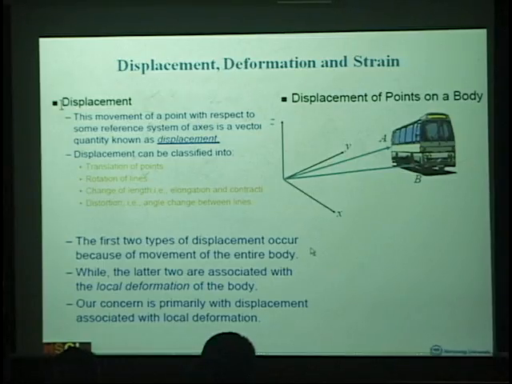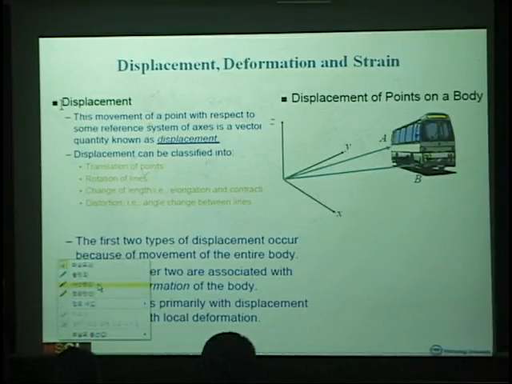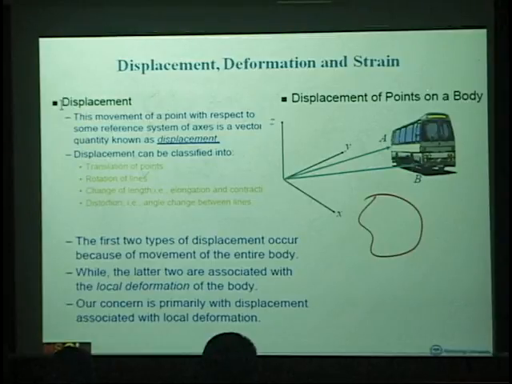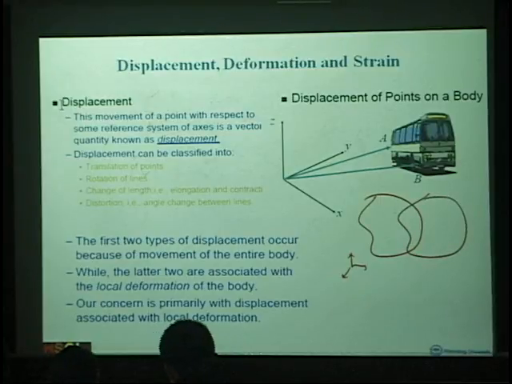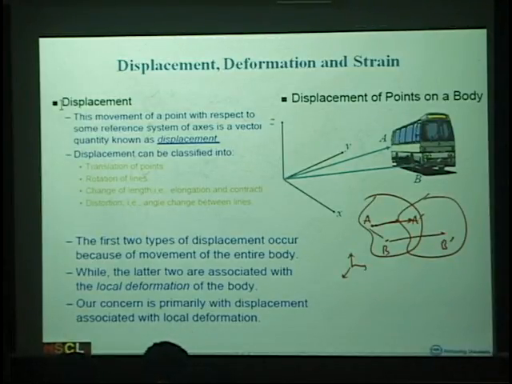So let's say we have the original configuration before deformations, and this is the deformed shape.